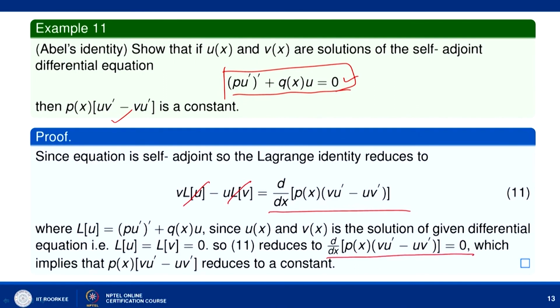And this says that the given p(x)(vu' minus uv') is a constant value. So this example is straightforward, based on the Lagrange identity. By using the Lagrange identity for self adjoint form, we can easily say that d by dx of p(x)(vu' minus uv') is equal to 0, and by integrating we can say that p(x)(vu' minus uv') is equal to a constant value.